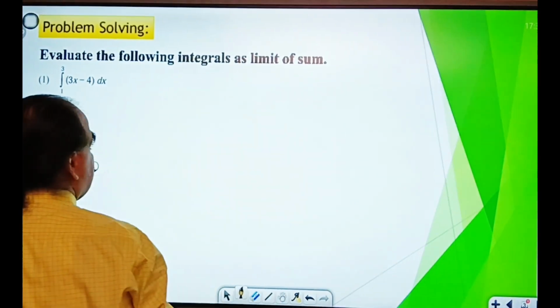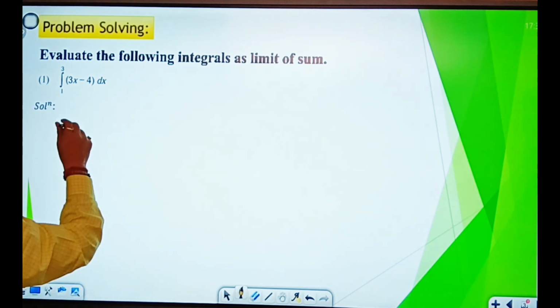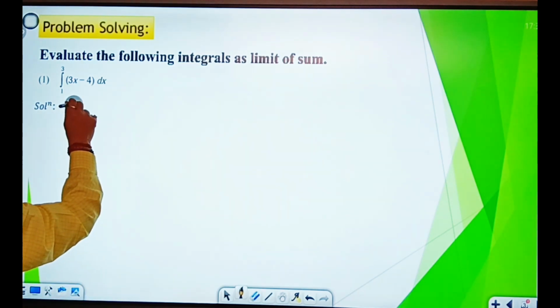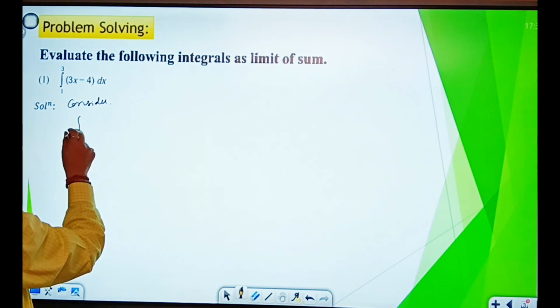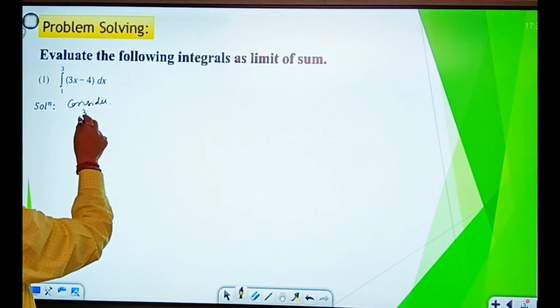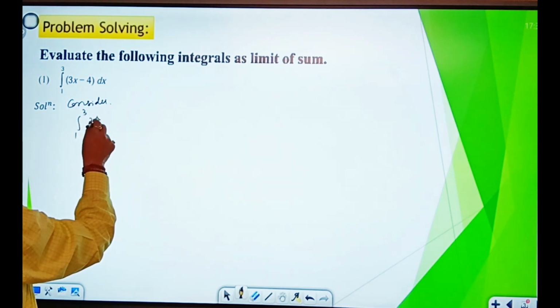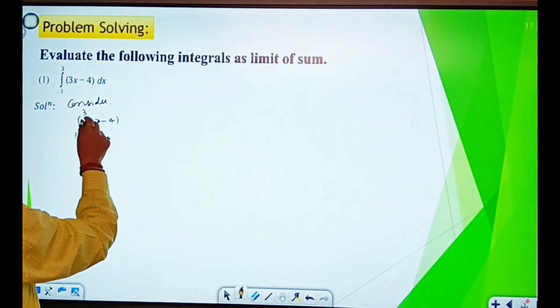Evaluate the following integral as limit of sum. Consider integral 1 to 3, (3x minus 4).